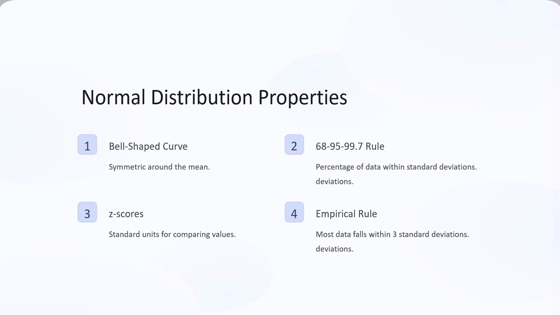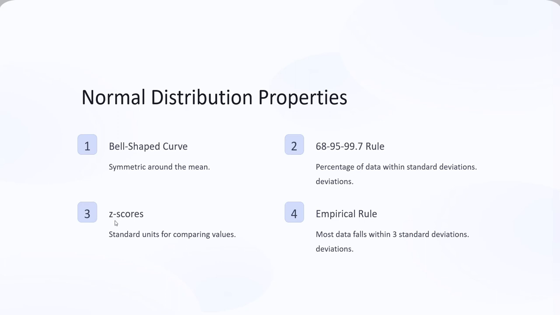So the data falls within this range of standard deviation percentage. If the lowest is 68, the highest is 99.7, and the middle value is 95, within this rule your data belongs to this range. So then you can understand your data is normally distributed.